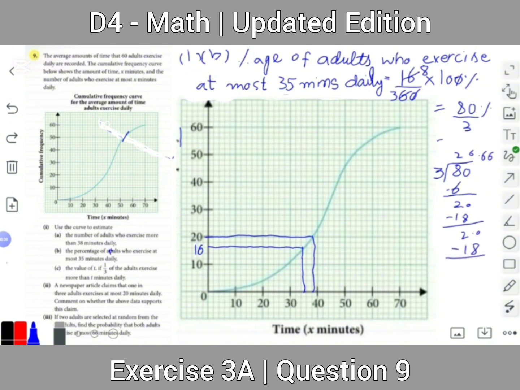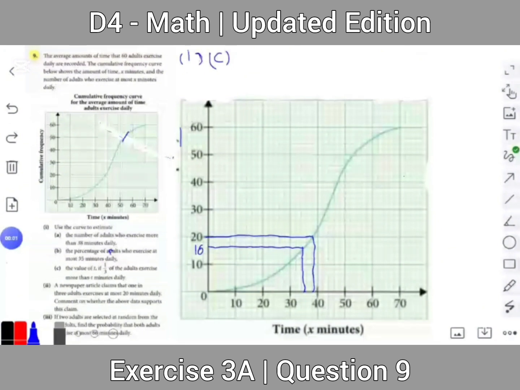So we will equate it to approximately 26.7%. The percentage of adults who exercise at most 35 minutes daily is equal to 26.7%.